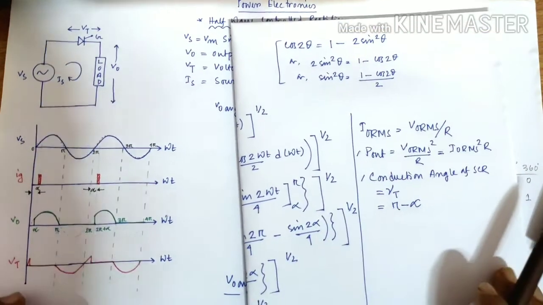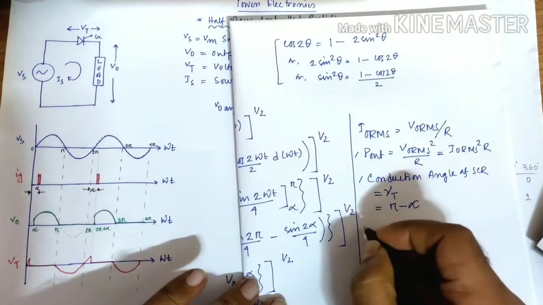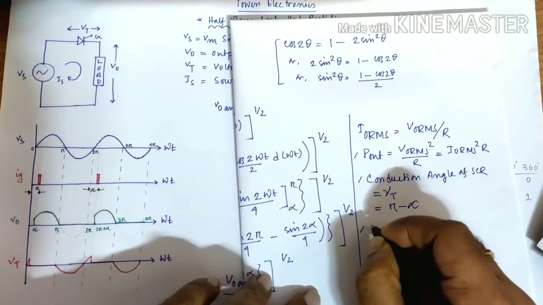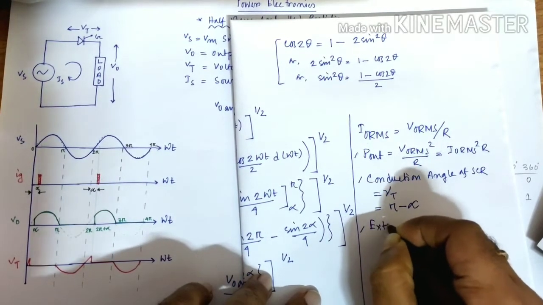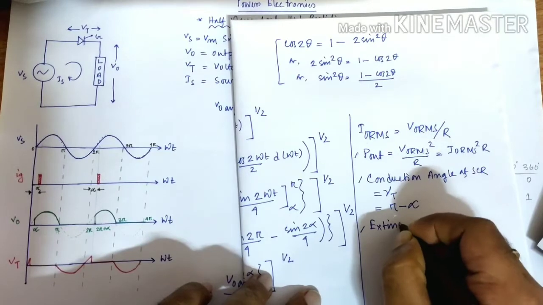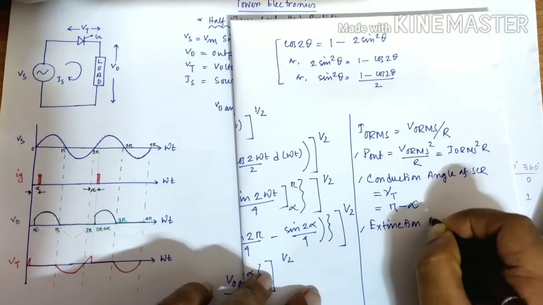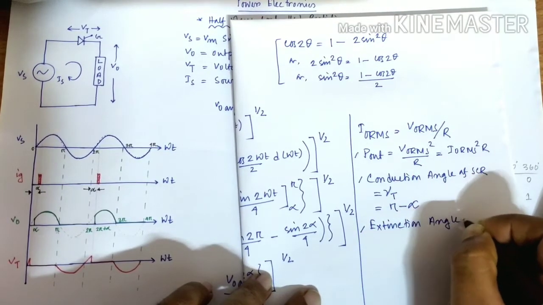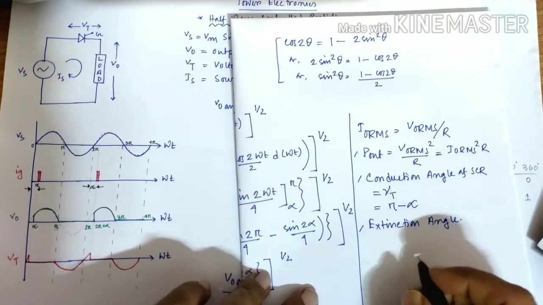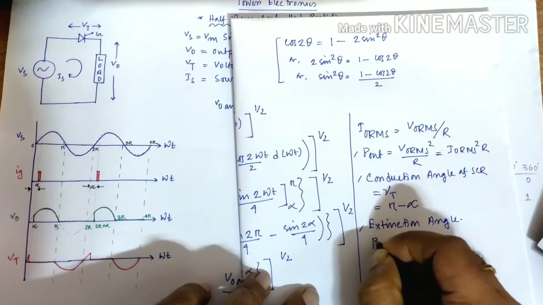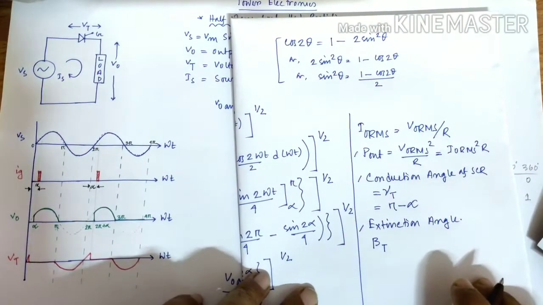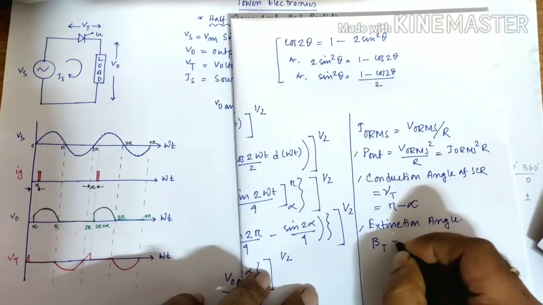That is called conduction angle. Now next one is called extinction angle. I don't know whether you can read it or not. It is given by beta t. What does it mean?